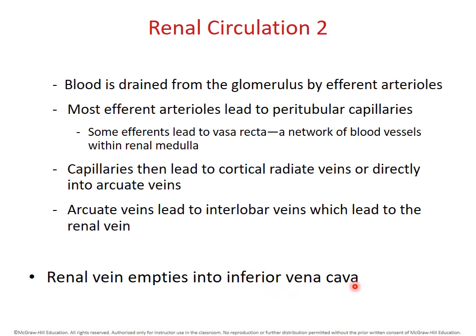The inferior vena cava carries blood upward, pokes through the diaphragm again, up into the thoracic cavity, where of course we then see it in a familiar position of draining blood back to the heart, specifically into the right atrium. And now we're back to the mainstream circulation.